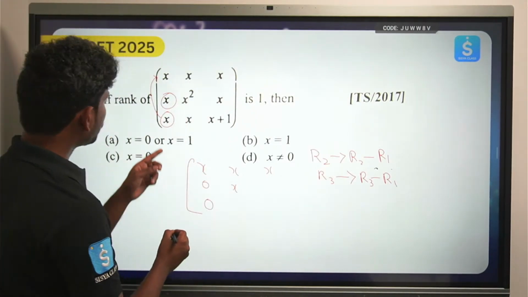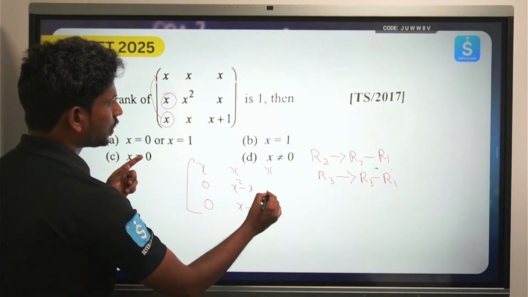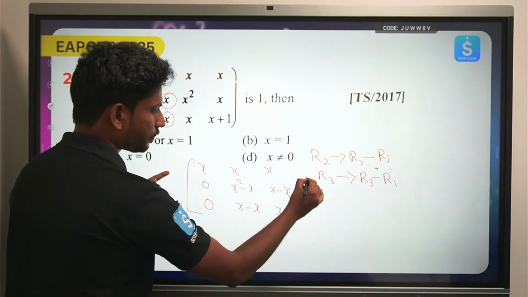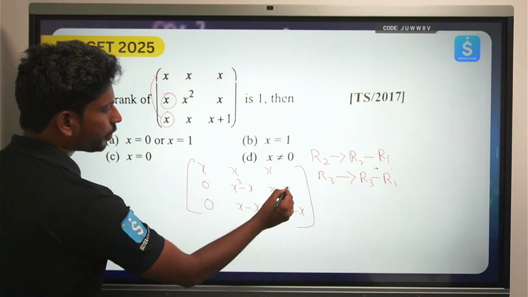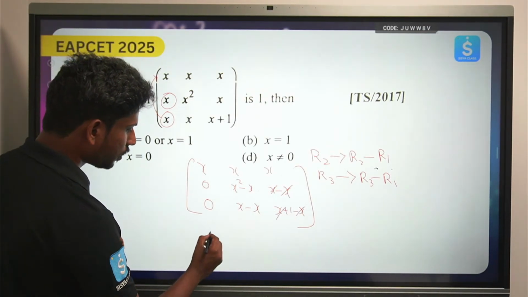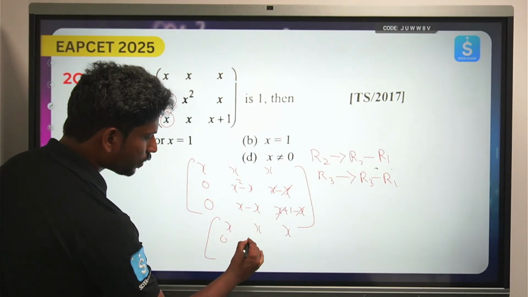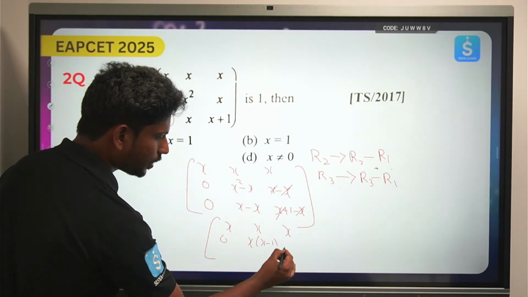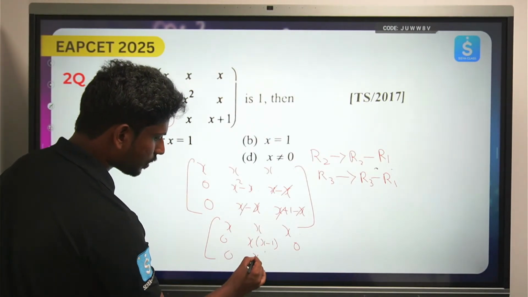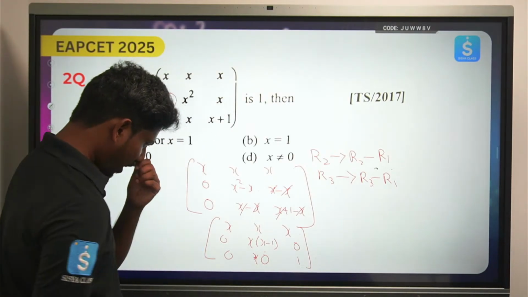So this will become x square minus x, minus x, x plus 1 minus x. Here x minus x is 0, so we have finally 0, x into x minus 1, 0, 0, x minus x is again 0, so we have 0 and last here 1. So we have finally this.